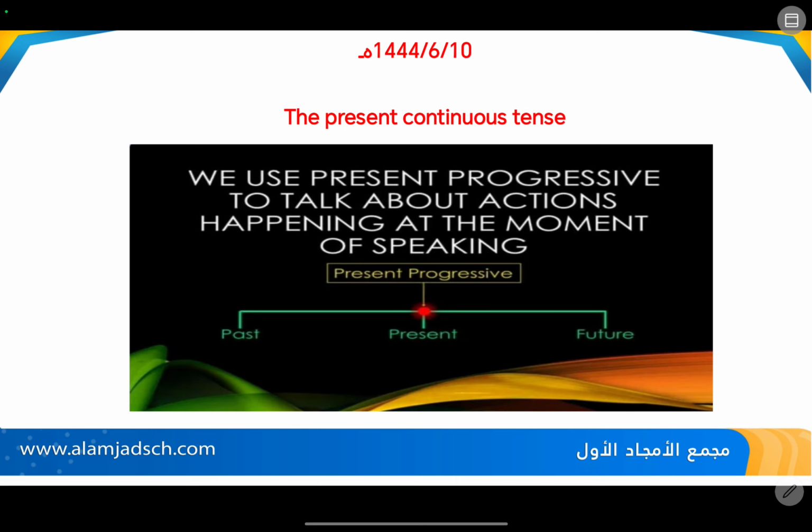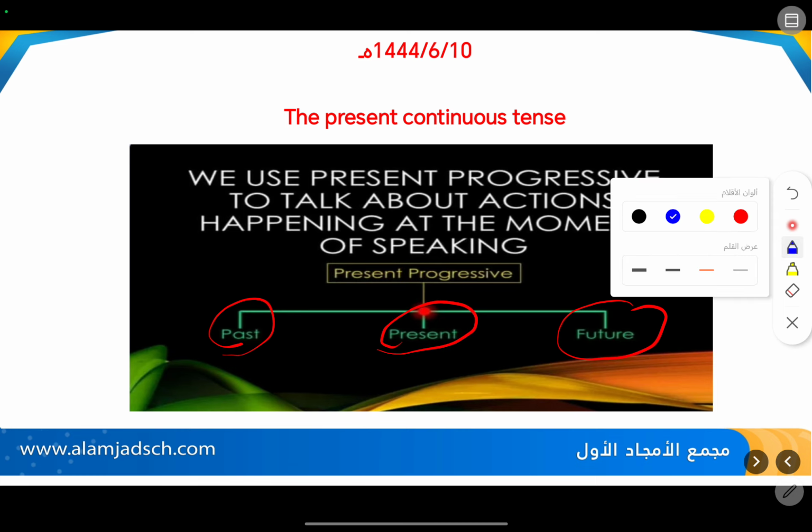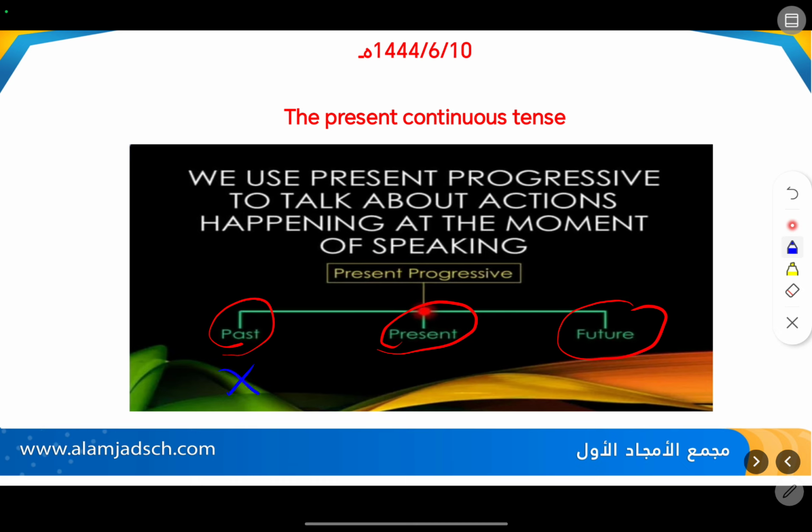As we see in the timeline, we have the past, the future, and the present, or this moment. We don't use the past, we don't use the future, so all you use here is the present, especially at this moment.